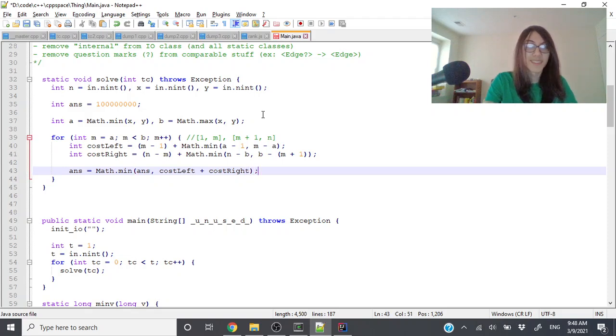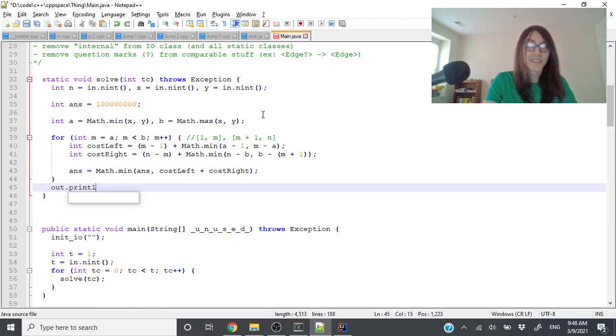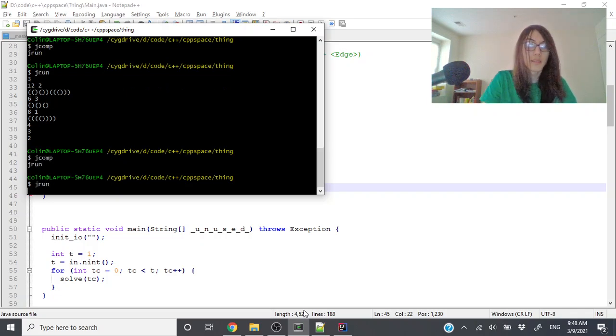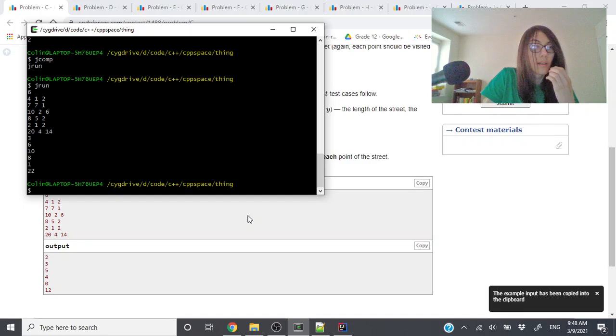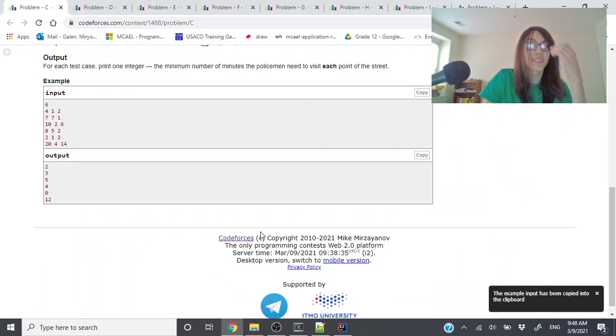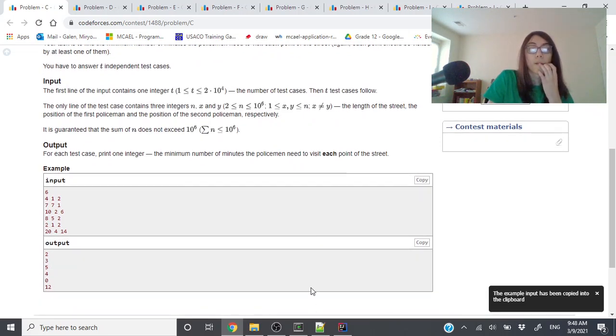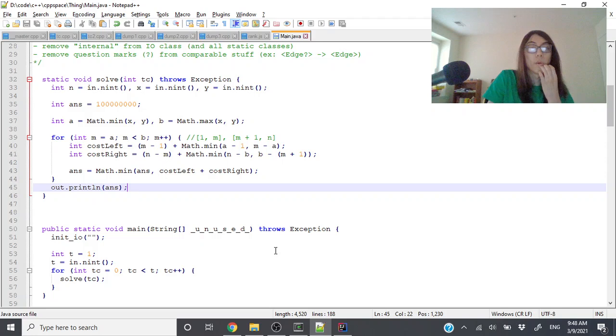God, I can't type at all. Jeez. Java is indeed quite verbose. That's wrong. Okay. What's with that? y equals a.